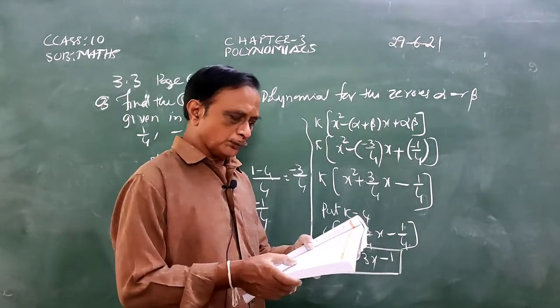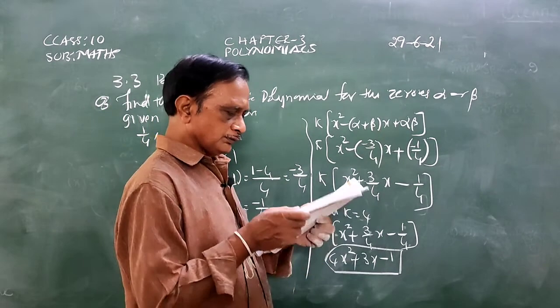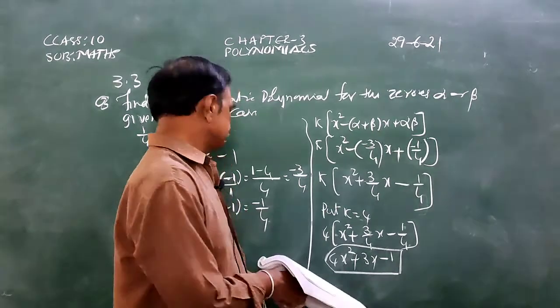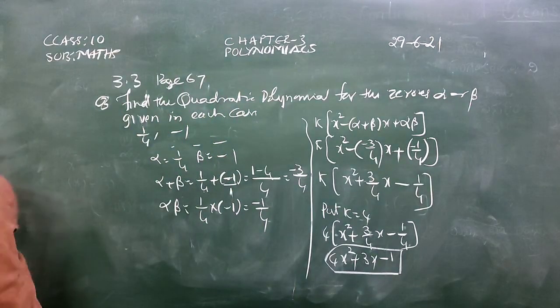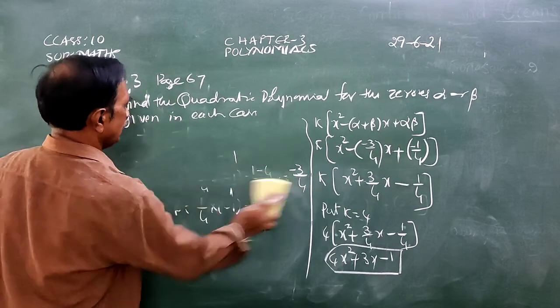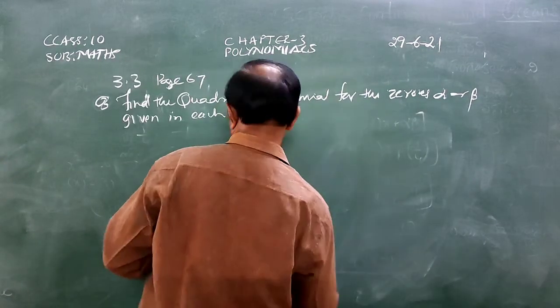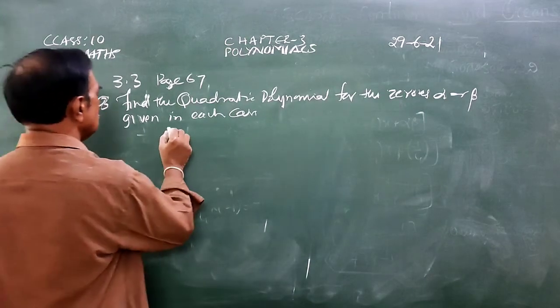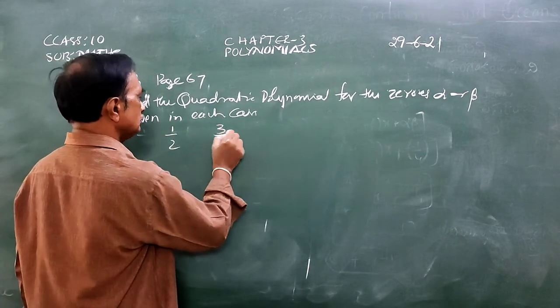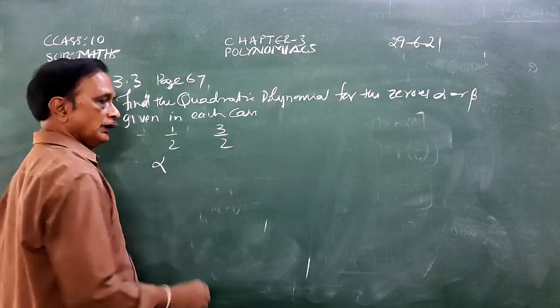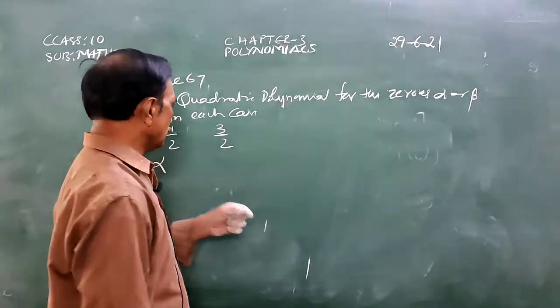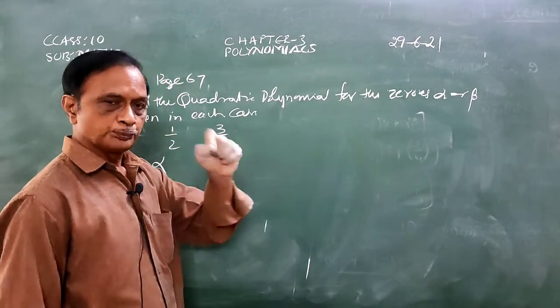And you have one more problem in this, that is 1 by 2 and 3 by 2. Can I tell how to solve it? Try to tell. Let ax square plus bx plus c be the required quadratic polynomial and its zeros be alpha and beta.